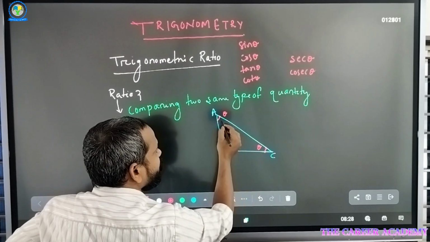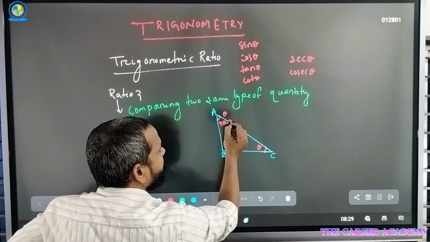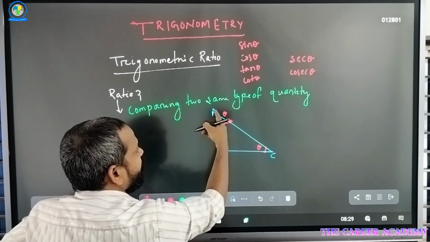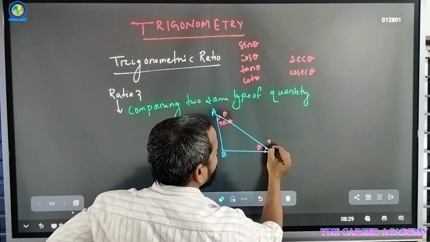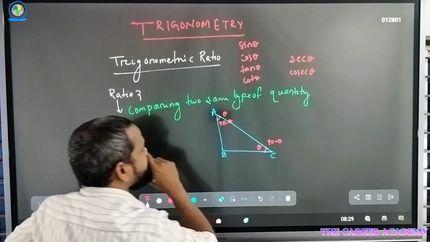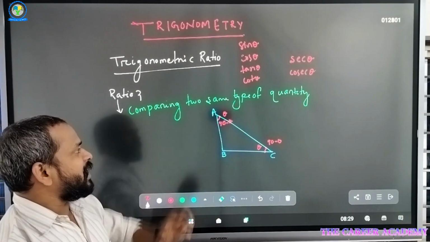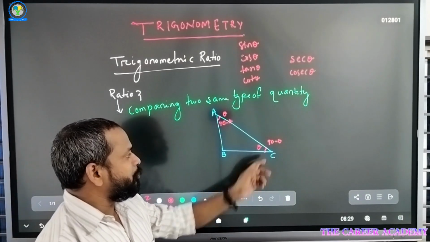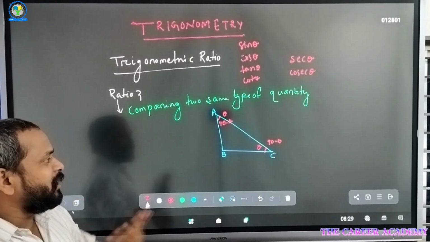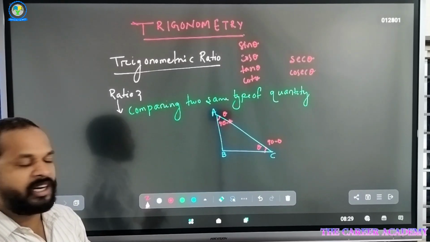Theta means I can take this one as theta or I can take this one as theta. When this is theta, the other can be 90 minus theta. If I take A as theta, then this will be 90 minus theta. We can take A as theta or C as theta. It depends upon the situation. Clear?